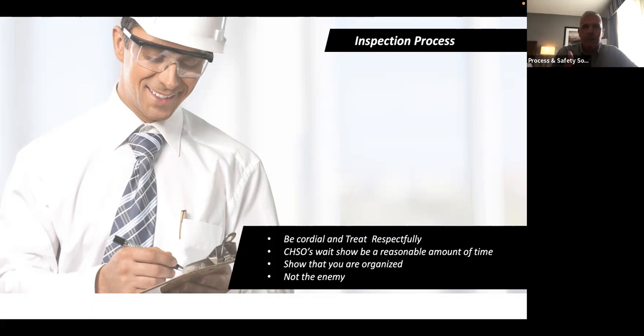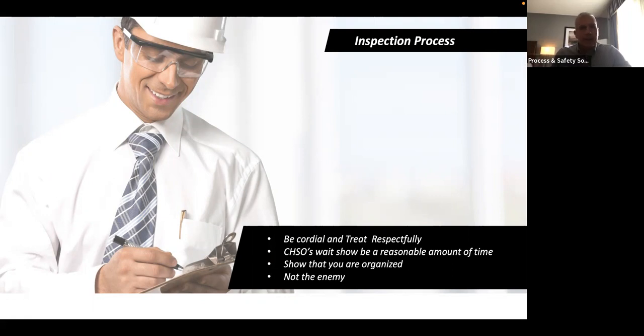When you're combative, it never ends in your favor. Don't make the CSHO or the compliance officer wait. Show some reasonable amount of time before you allow them in to start their process. If you're having the compliance officer wait out in the hallway or in the greeting area for an hour or a couple of hours, that's not going to bode well for you either.